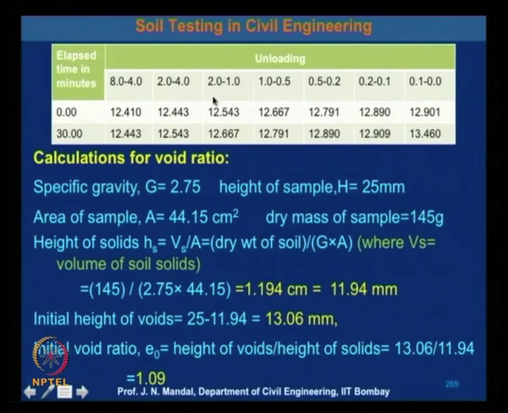Then from 2 to 4 kg per centimeter square, and after 30 minutes 12.543, then 2 to 1, 1 to 0.5, 0.5 to 0.2, 0.2 to 0.1, and then 0.1 to 0, and ultimately you have this dial gauge reading in 30 minutes. Okay. This is the unloading condition. The earlier one was the loading condition, and from this reading you can calculate the defined value.